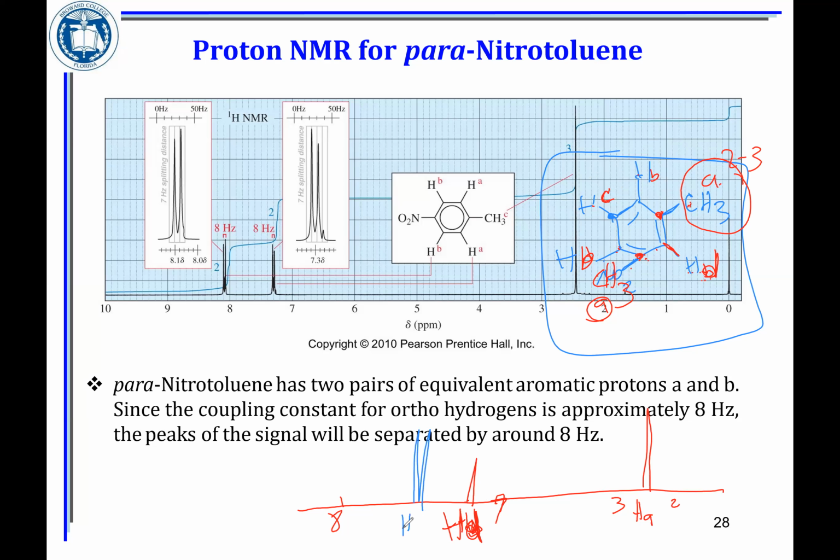And then hydrogen C has 2 hydrogens, one on the right side and one on the left side. So n plus 1 in this case is 2 plus 1, and that is 3. So it's going to be a triplet.